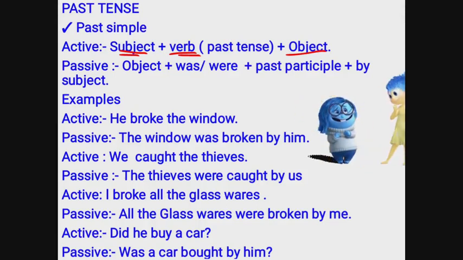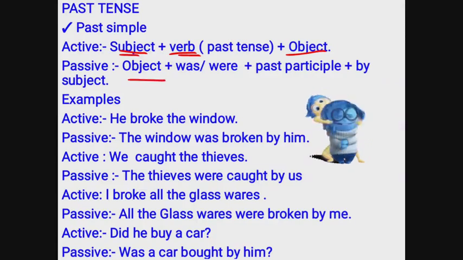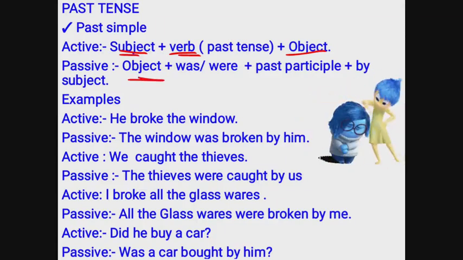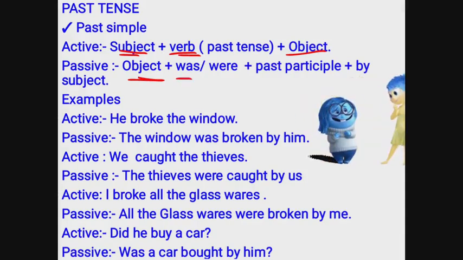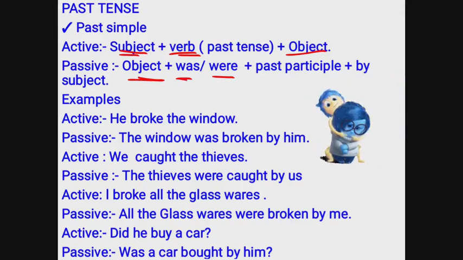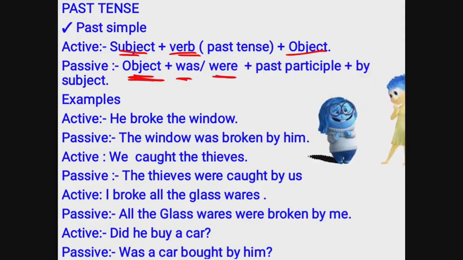Then if you are changing from the active to the passive, as usual, your object becomes the subject. Now, we either use "was" or "were". "Was" is used for a singular object, while "were" is used for a plural object. I take it again.